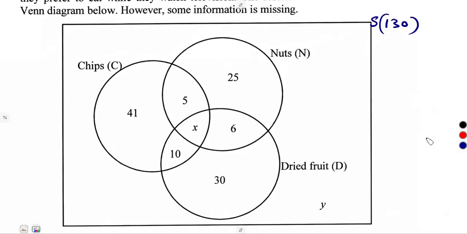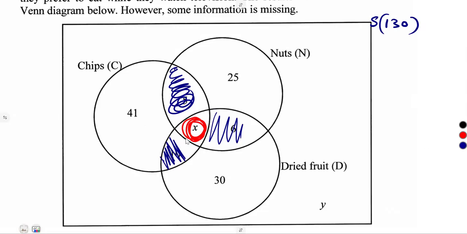So here we have the intersection of C and N only, which is 2 learners, the intersection of C and D only, and the intersection of N and D only. Also this one for all three is included in 2 or more.